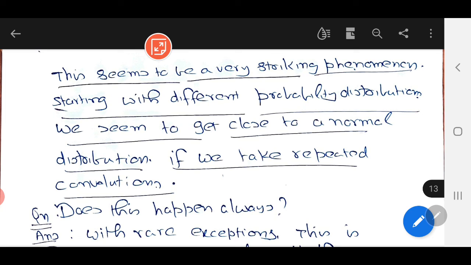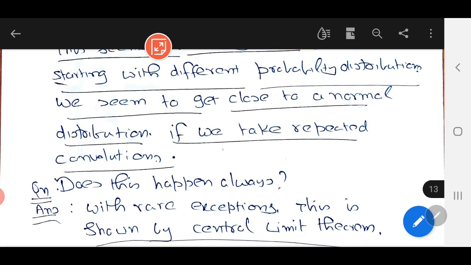In the one case you have taken a discrete uniform distribution. In the continuous case, we have again taken a continuous uniform distribution. From that, by applying repeated convolutions, we are able to reach a normal distribution.